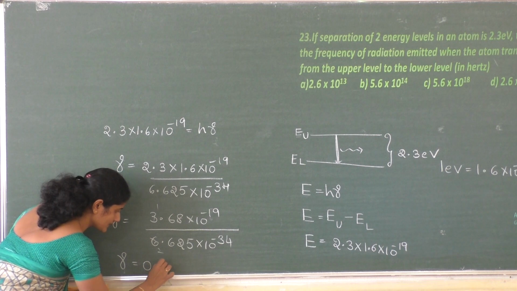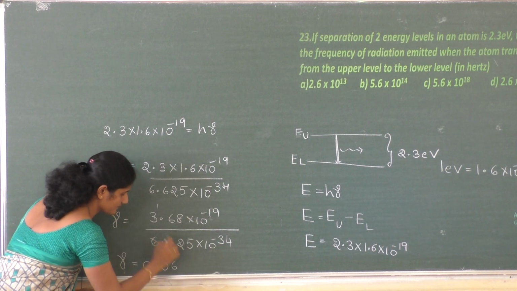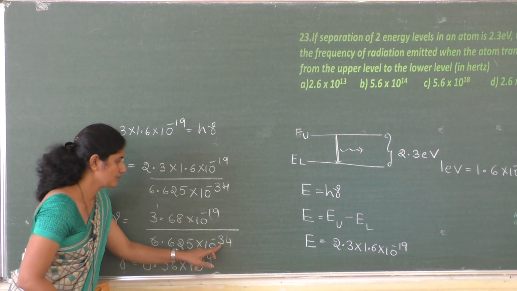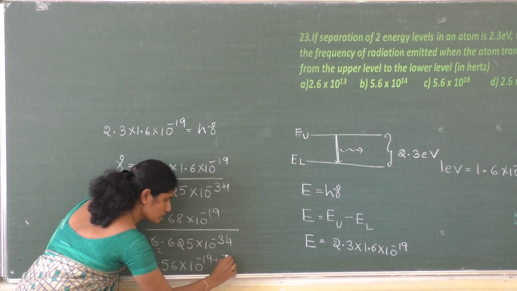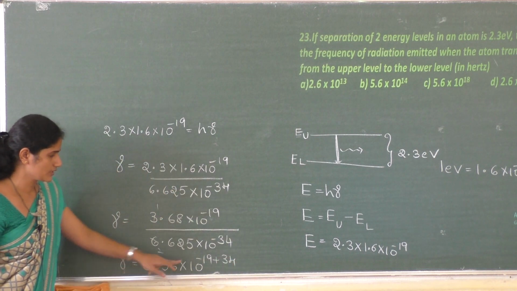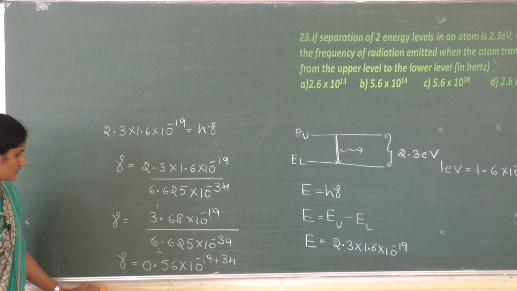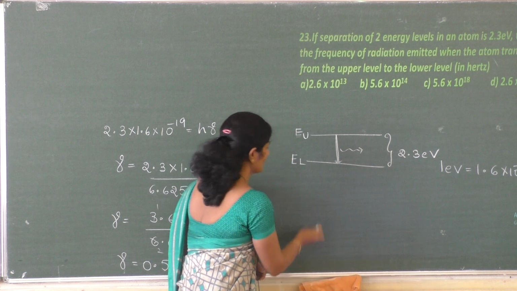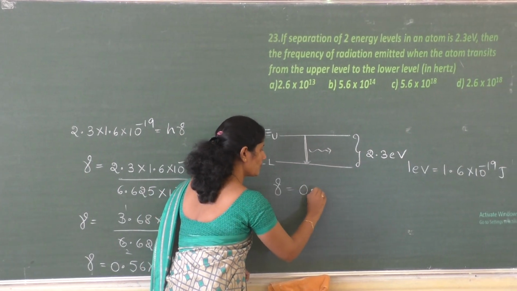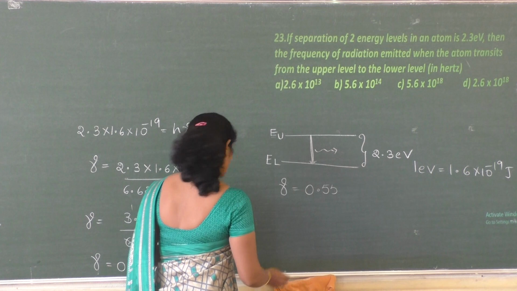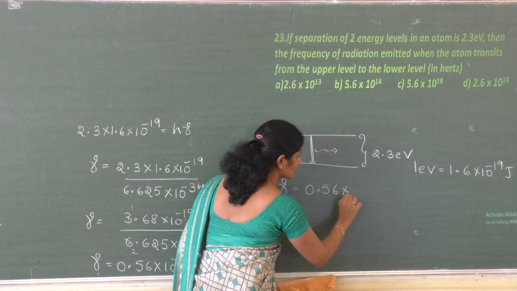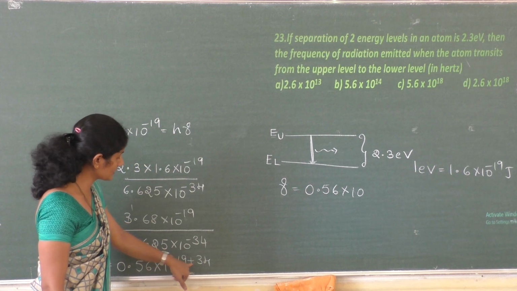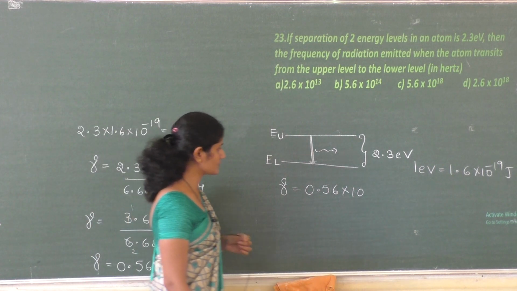So 0.56 into 10 to the power minus 19 minus 34. When it goes to the numerator, it becomes plus 34. So minus 19 plus 34. Nu is equal to 0.56 into 10 to the power, 34 minus 19 is plus 15.